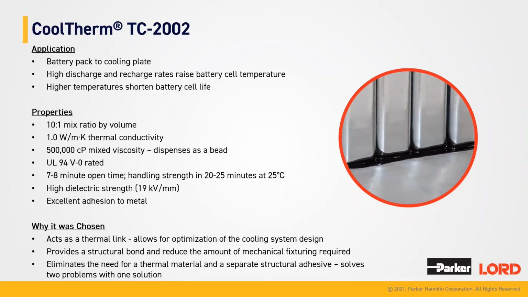You can have this product that has thermal capabilities as well as makes things stick together, or another option would be to have two products: one that offers thermal conductivity and one that bonds. So this is really a two-in-one solution. It's a one-stop shop for both of those applications.